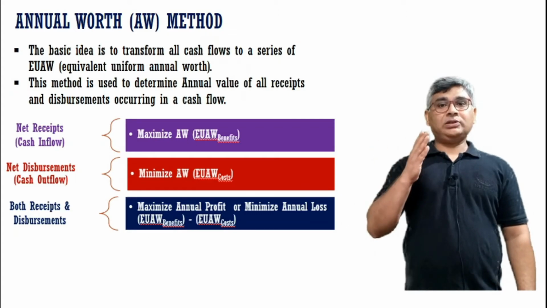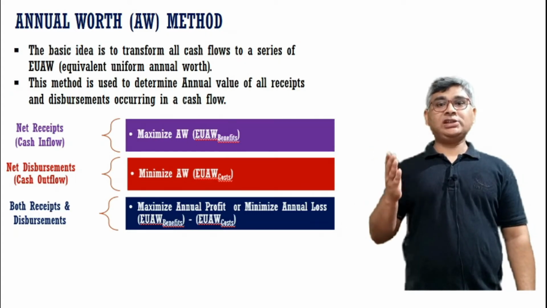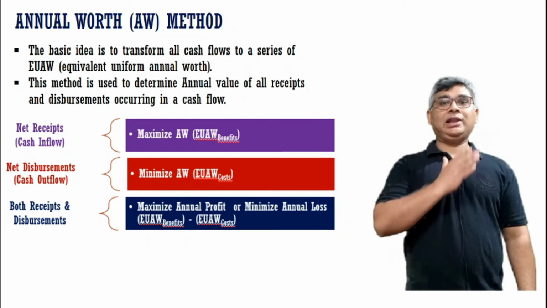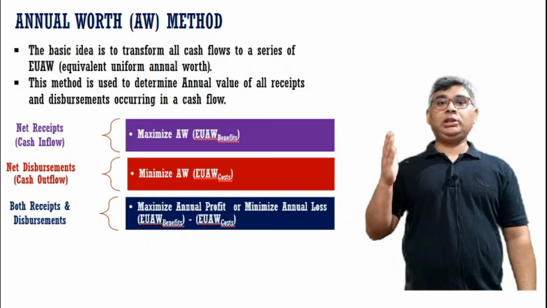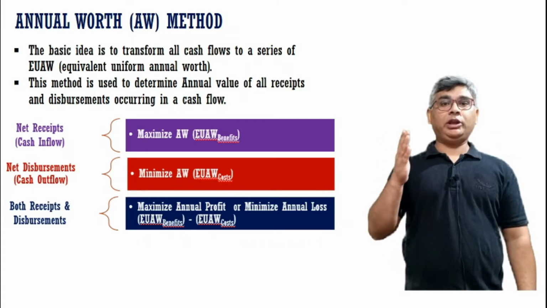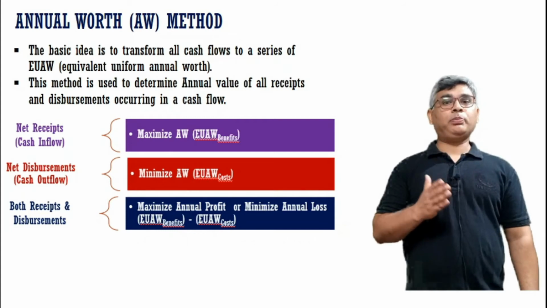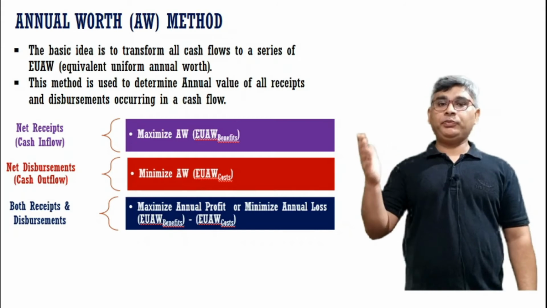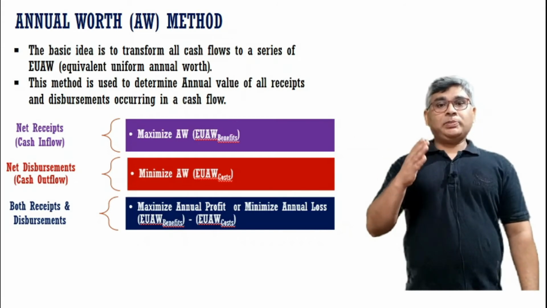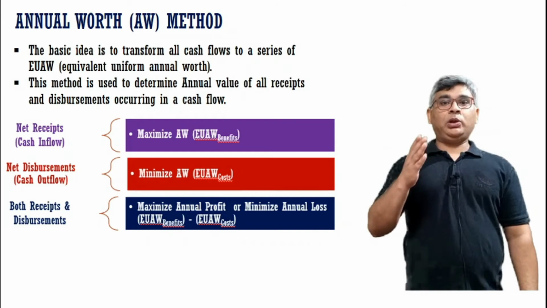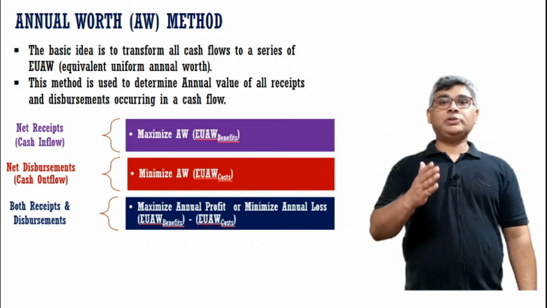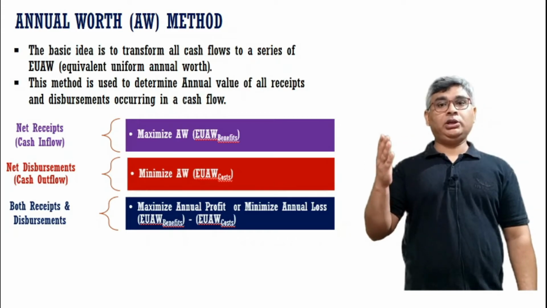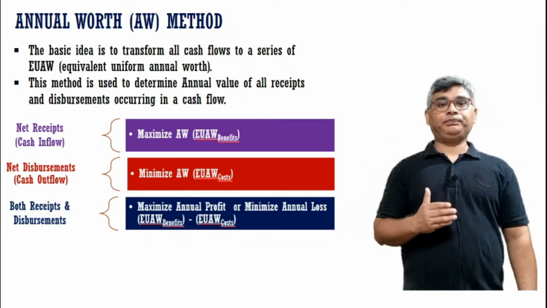That is the basic difference with respect to the present worth method analysis, where we are converting the complete cash flow diagram at the present point of time. Here we are converting the complete cash flow diagram into annuities. This method is used to determine the annual values of all the receipts and the disbursements, or the cash inflow and outflow, which are there in a cash flow diagram.